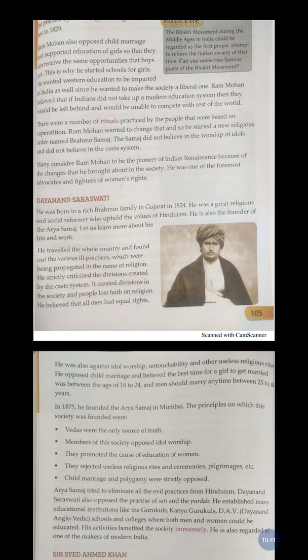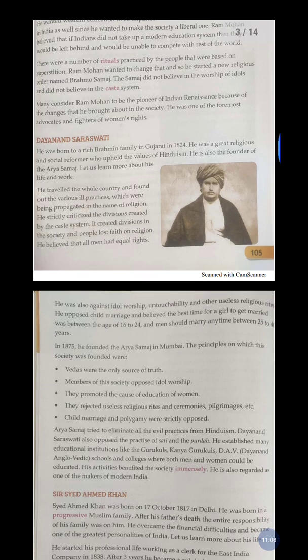It created divisions in society and people lost faith in religion. According to him, if we make divisions in the caste system, people will lose faith in religion. According to Dayanand Saraswati, all men had equal rights.